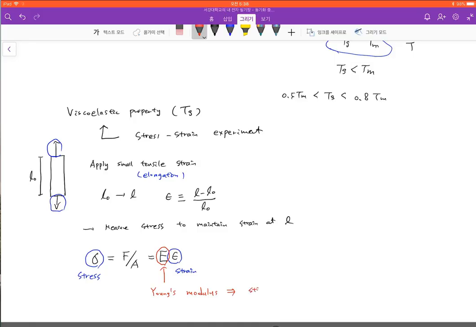It basically tells you about the stiffness of the sample. How stiff is the sample?